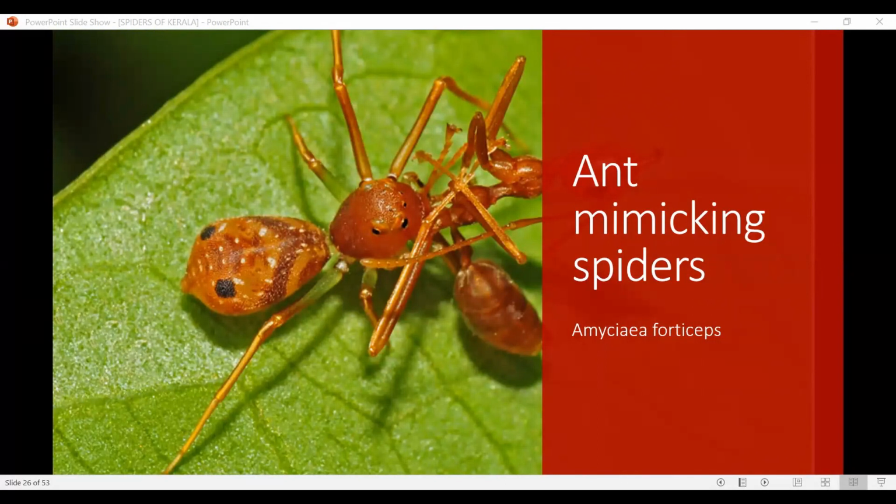Another method of mimicry is by imitating the surface microstructure of an ant, and this kind of mimicry is known by the name tactile mimicry. Now, there is another way by which spiders mimic ants. They produce ant-like pheromones, so that they have the same odor, or the same smell, just like an ant.